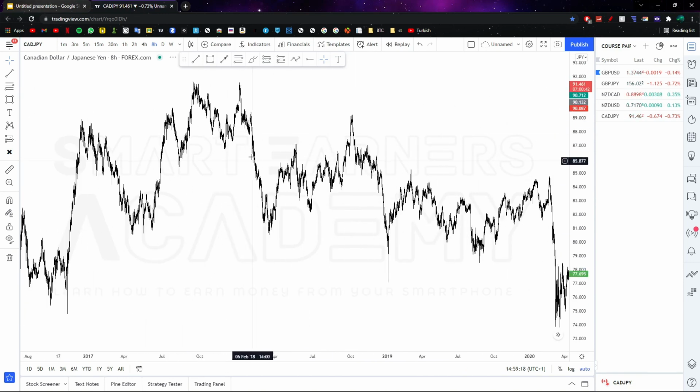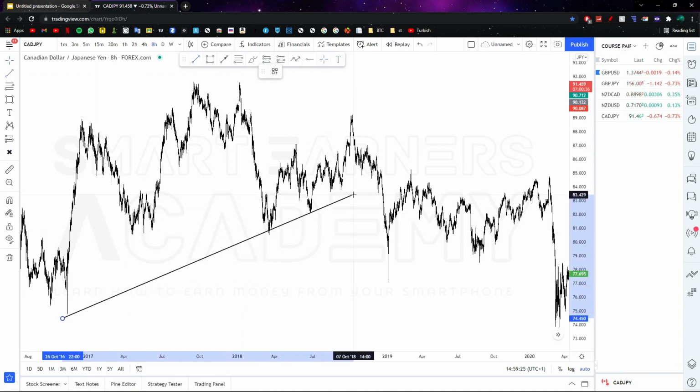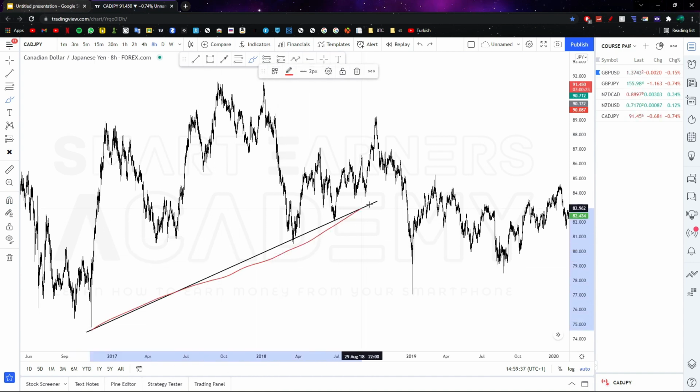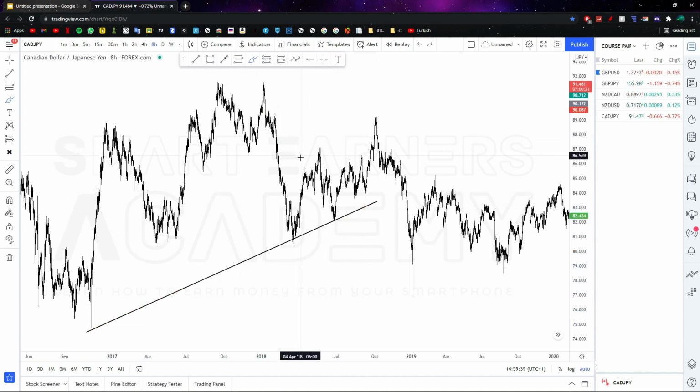Let's say we were at this point in time, and we were looking at price from this trend line. At this point, you wouldn't want to buy the market. Why wouldn't you want to buy the market? Because it's so far away from this trend line that it's been respecting. Or even for example over here, you wouldn't want to buy the market because it's so far away from this trend line that it's been respecting.